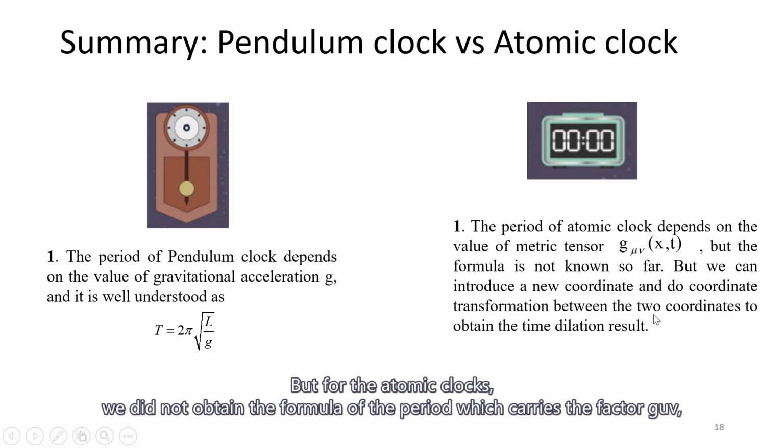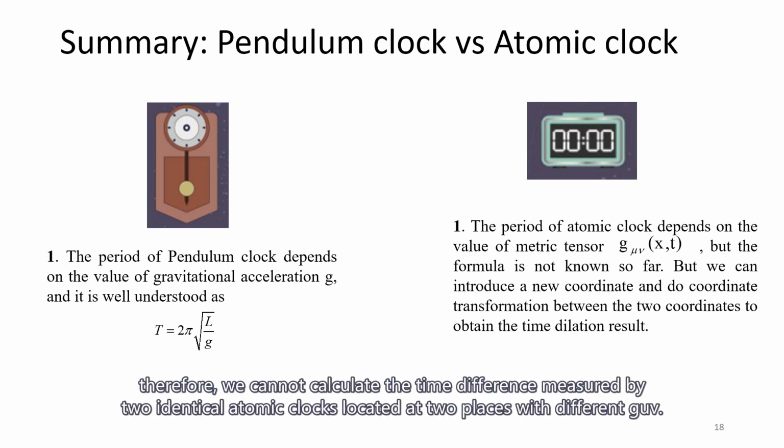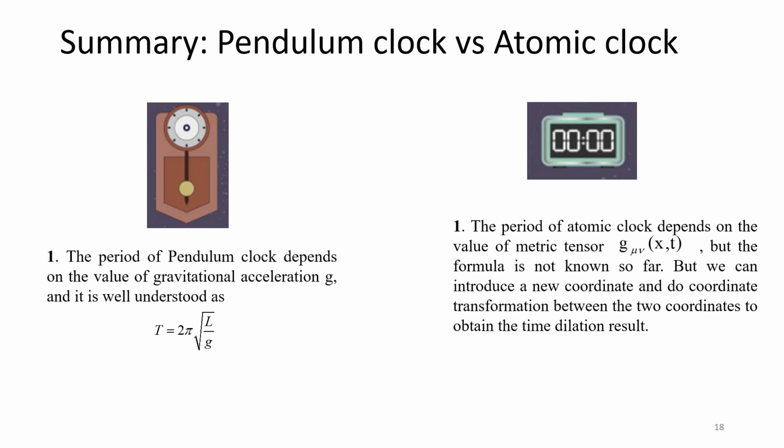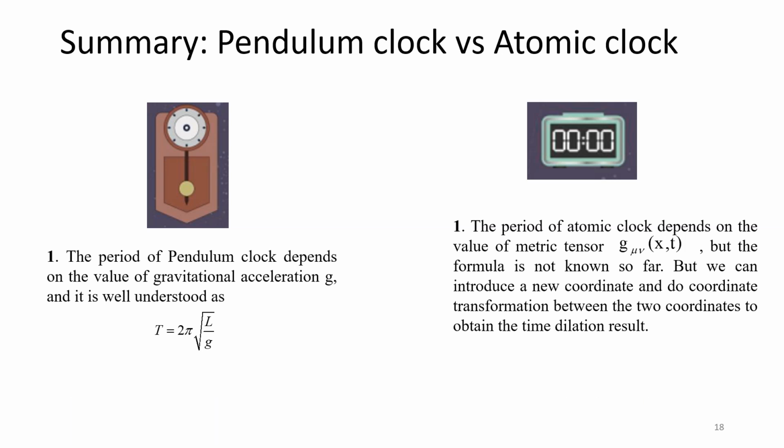But for the atomic clocks, we did not obtain the formula for the period which carries the factor g_μν. Therefore, we cannot calculate the time difference measured by two identical atomic clocks located at two places with different g_μν. However, we can do the coordinate transformation to obtain the time difference.